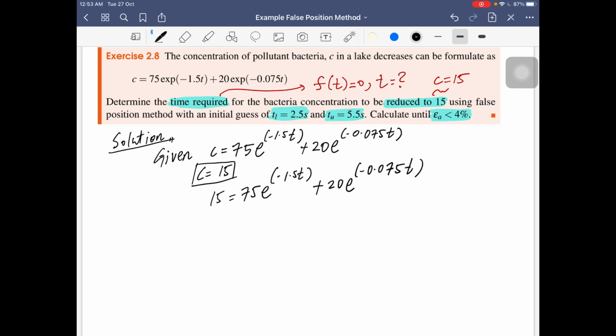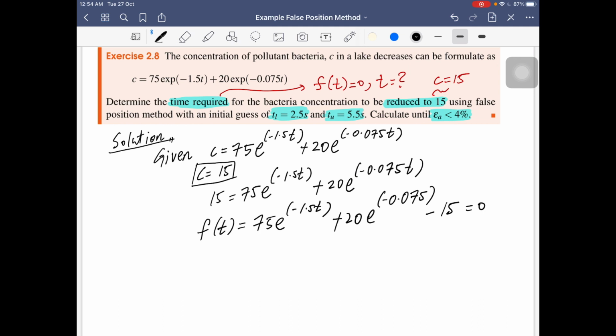In order to get F(t) equal to 0, I minus 15 on both sides of this equation. So F(t) is given by 75e^(-1.5t) plus 20e^(-0.075t) minus 15, because this is equal to 0.